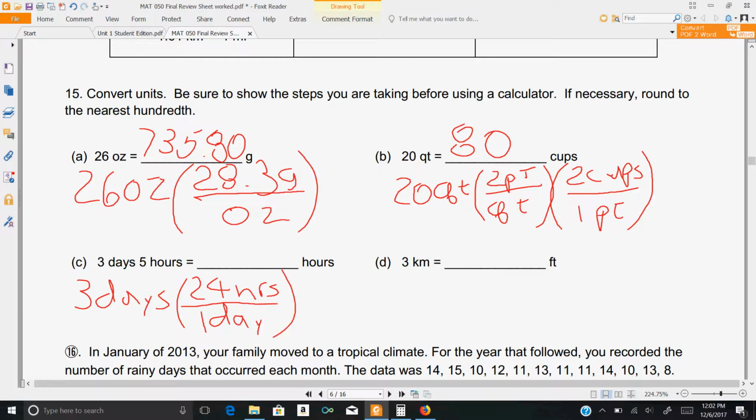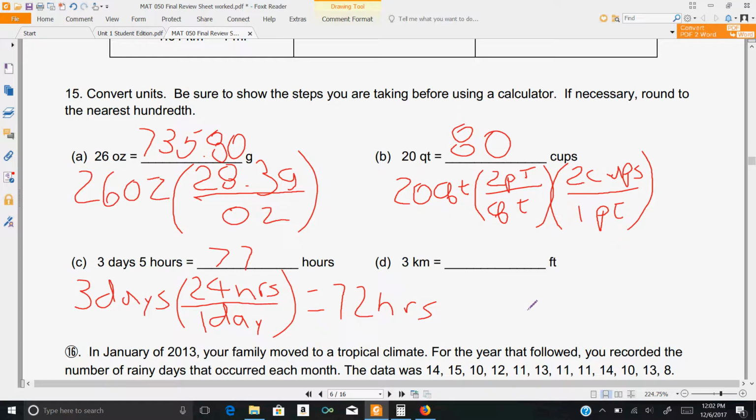And I'll take 3 times 24 divided by 1, and that gives me 72 hours. Now I have another 5 hours, so this is going to be a total of 77 hours.